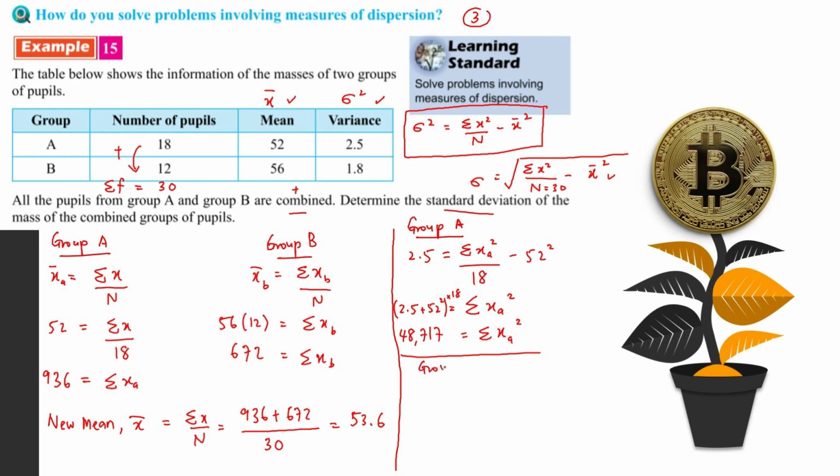So for group B, the variance is 1.8 equals to the sum of x square over 12 minus 56 square. So now I get 1.8 plus 56 square, and then I times 12, and then I got 37,653.6.